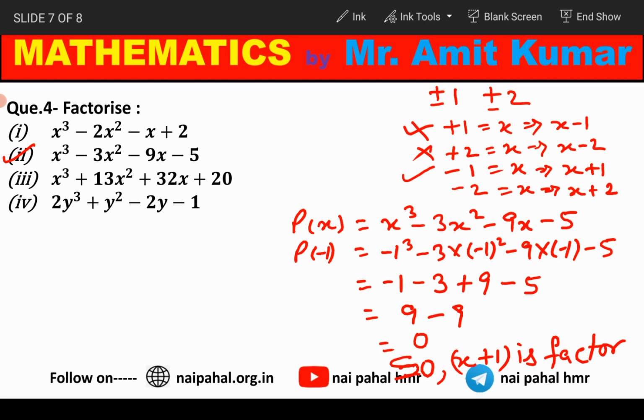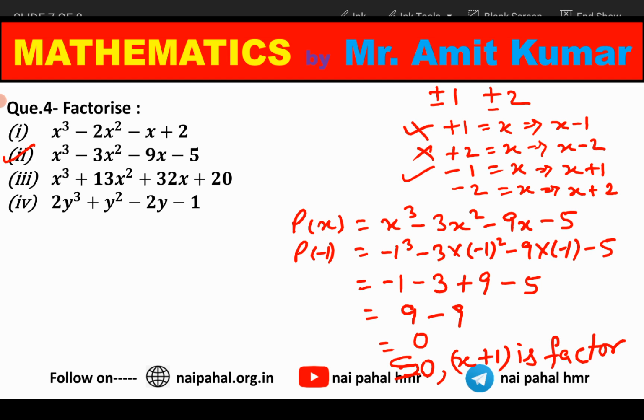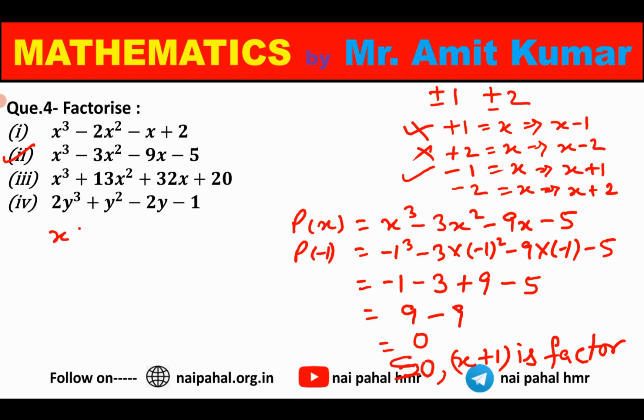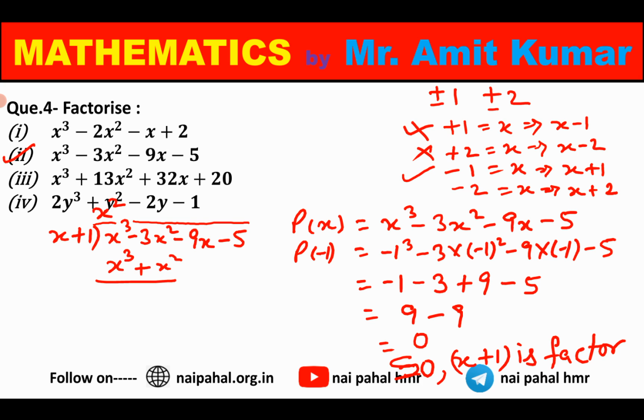Cube of 2 will be 8, minus 2 twos are 4, 3 fours are 12, minus 9 twos are 18, and minus 5. Here 18 plus 12 is minus 30, and minus 5, and plus 8. So further, 35 minus 8 is 27, minus 27, which is not equal to 0. So this is also not a factor of the given polynomial.